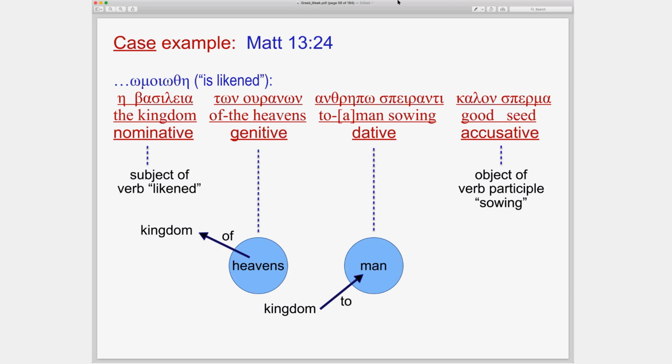A possessive would be a genitive, but a genitive would not necessarily mean possessive. And I didn't quite understand Frederic's question, so I'll wait till later for that.